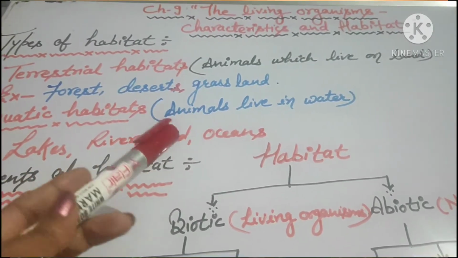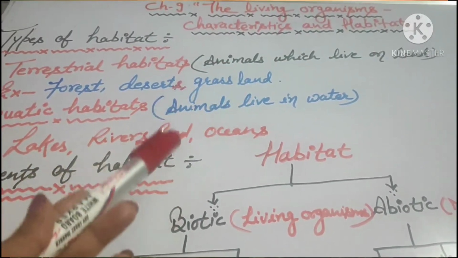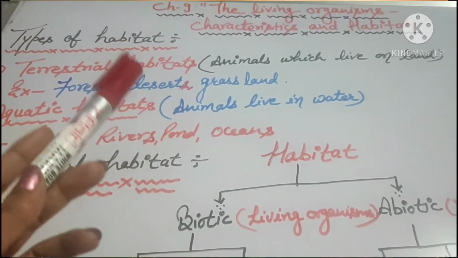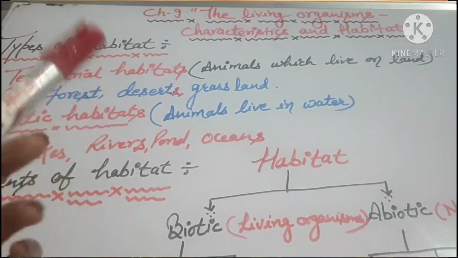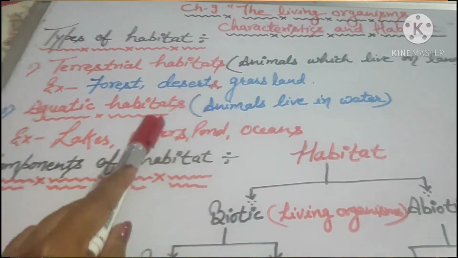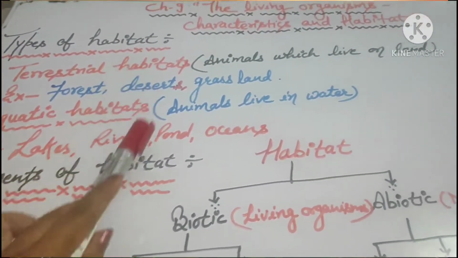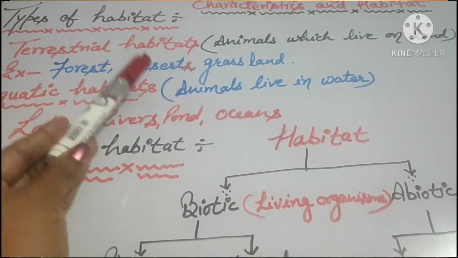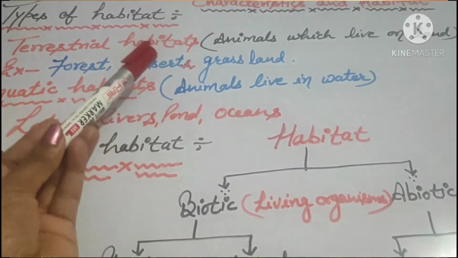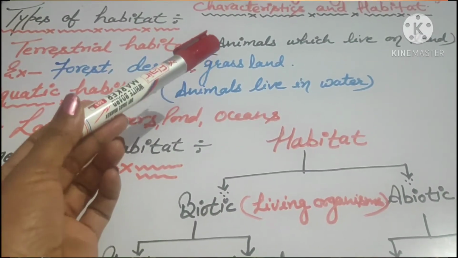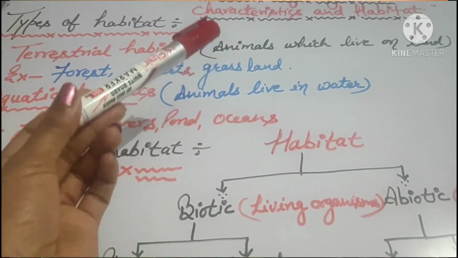You know that living beings live on land, in water, or on trees. So based on this, habitat is of two types. The first one is the terrestrial habitat and the second one is the aquatic habitat. Terrestrial habitats means the animals which live on land. So these types of habitat are known as terrestrial habitat.